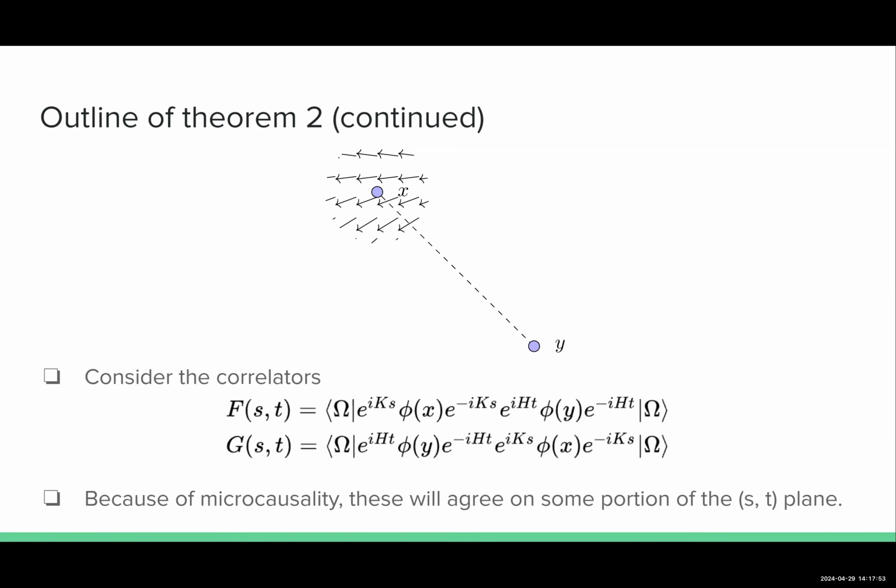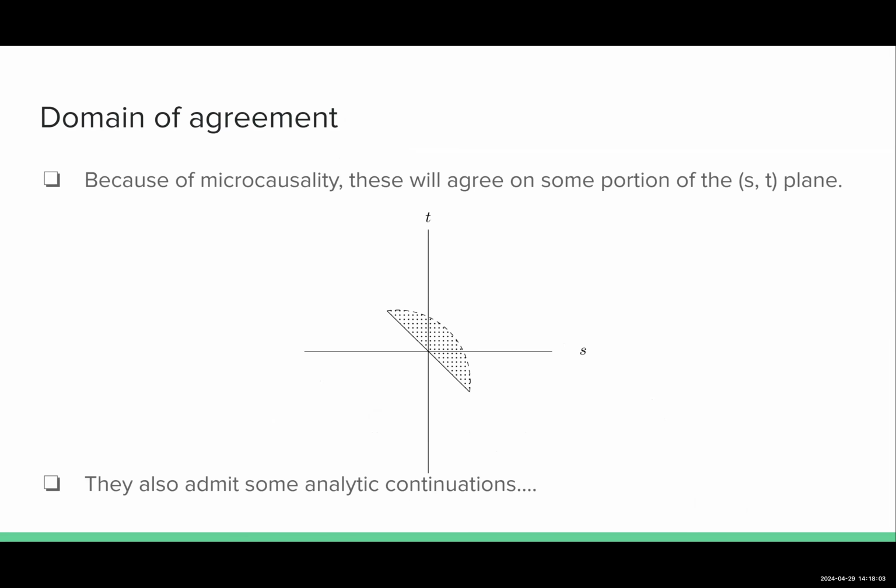I mean, you can sort of see if I make S a little bit positive, that's like taking X to be space-like. Then I'm going to have a little wiggle room in T while these points remain space-like separated. You know, that's the kind of argument that gives you this. You should think that you have some ST plane, and you have these two correlation functions which live on this plane, and a priori they're independent, but they agree on this domain.